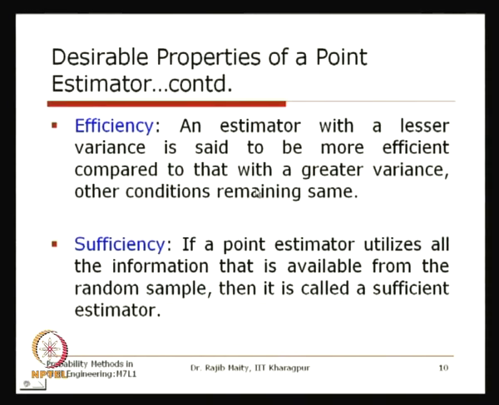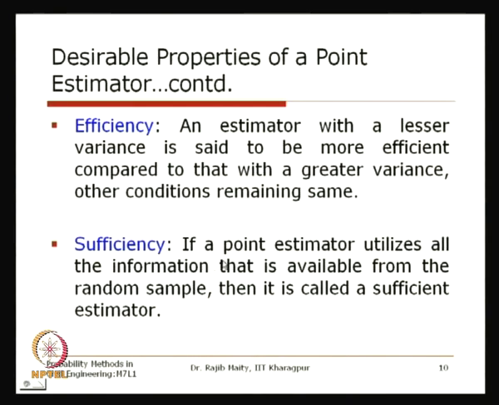Then we have to select the estimator which has the lesser variance. So this is a relative thing, and the estimator having the lesser variance is more efficient in such cases.